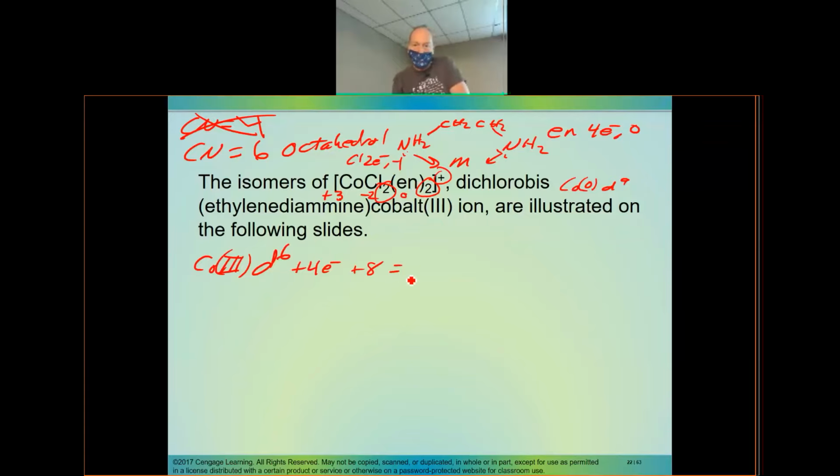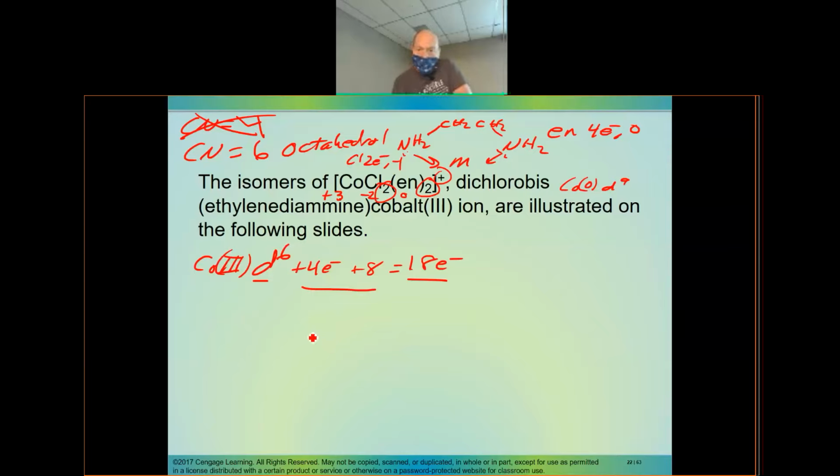And so I have my 18 electron complex, which is a stable complex. All right, so you have your D electrons, you have your ligand electrons, and then you have your total electrons. If your total electrons are 16 or 18, those are almost always stable complexes. You would always predict them to be stable.